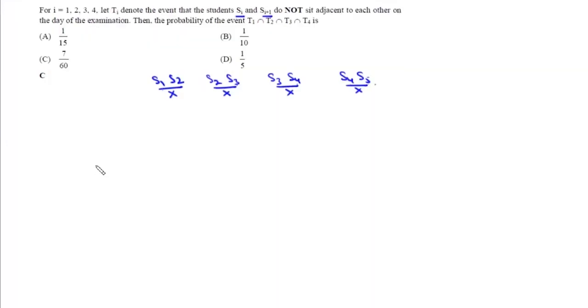Now case 1 is when suppose S1 sits at R1. So S1 sits at R1. Now we have to choose possible combinations for the remaining chairs R2, R3, R4 and R5.